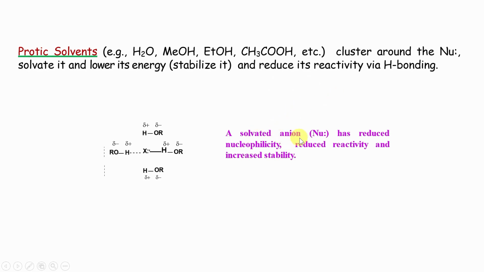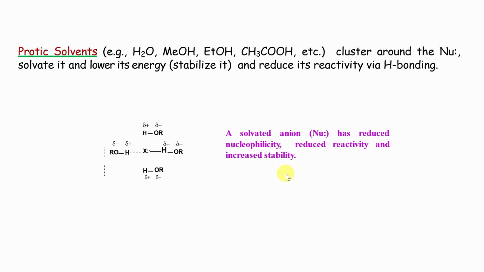Thus, a solvated anion, here X is the nucleophile, which gets solvated by alcohol, methanol, ethanol, as the case may be, has reduced nucleophilicity, reduced reactivity and increased stability.